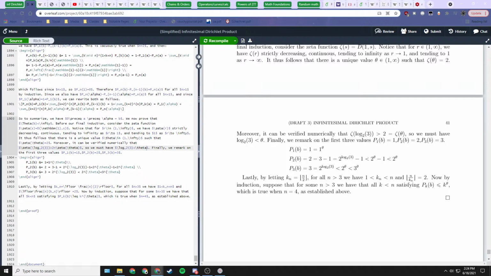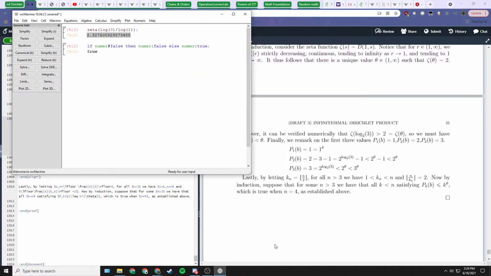Okay, so proving numerics rigorously is actually kind of hard. It's surprisingly difficult. You wouldn't think it would be hard, but it is. It's really finicky. The computer says it's clearly greater than 2, but to verify this formally, we'd first have to numerically evaluate log of 3 and also log of 2, and then numerically evaluate zeta.